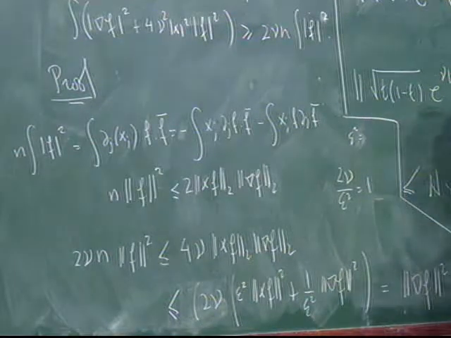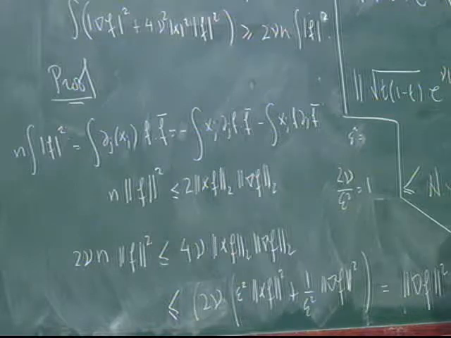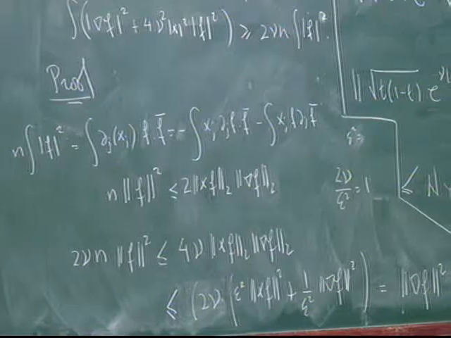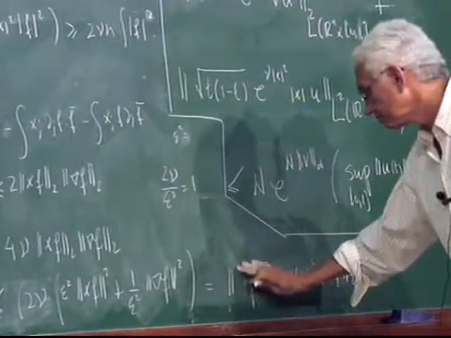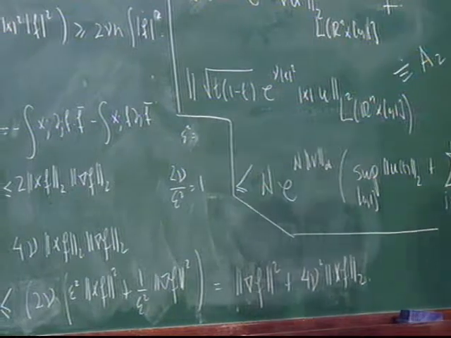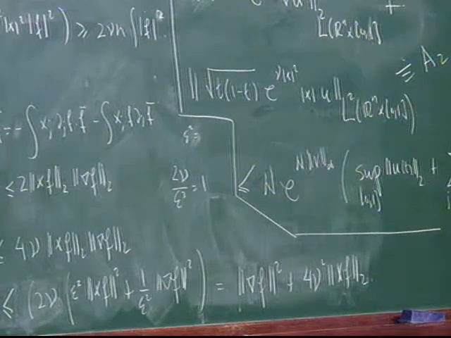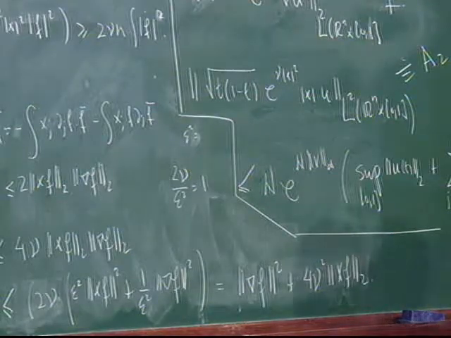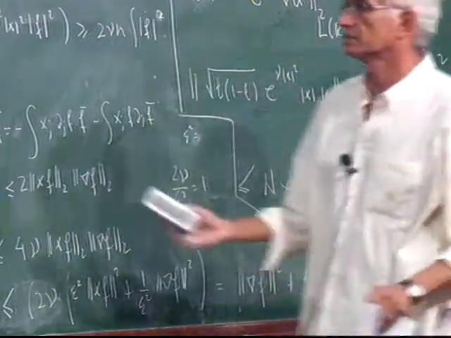Then you have 4 gamma squared f of x squared. Okay? Is this okay? Okay, then we proved that. This is Heisenberg.